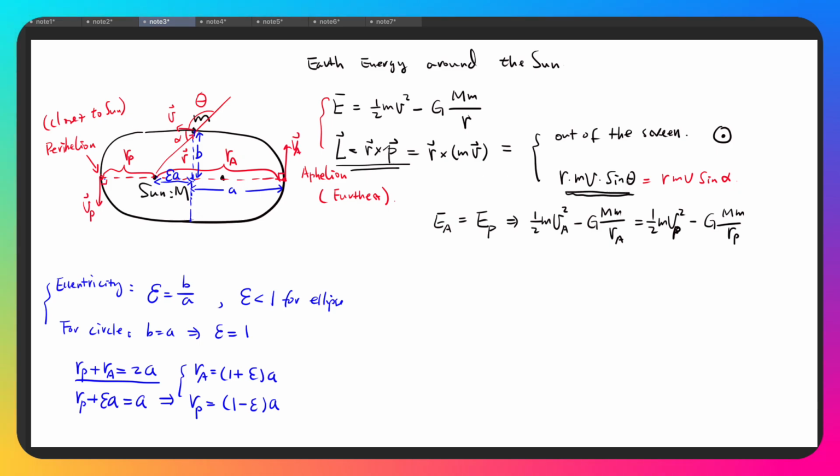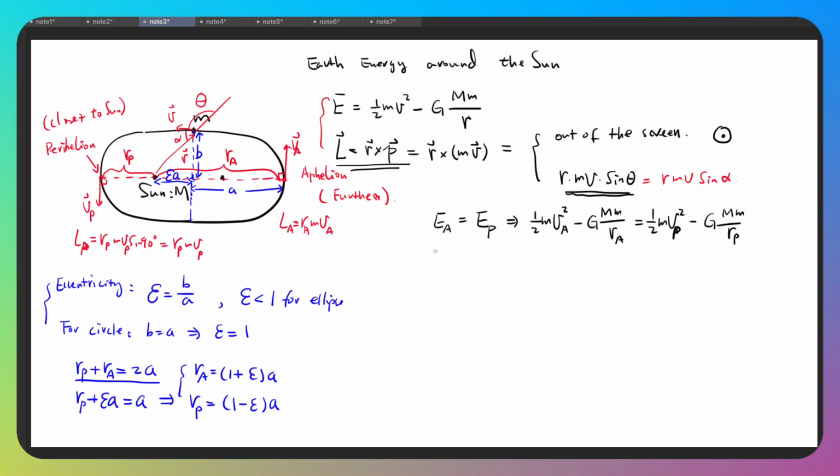So when I do this cross product, the sine angle is 90 degrees. So LP, the magnitude, is RP m V sine 90 degrees, which is just RP m VP. And similarly for point A, LA is RA m VA. That's the equation I need.